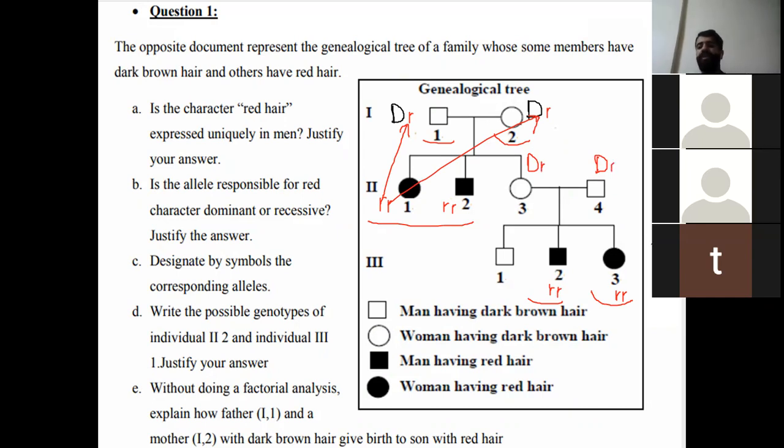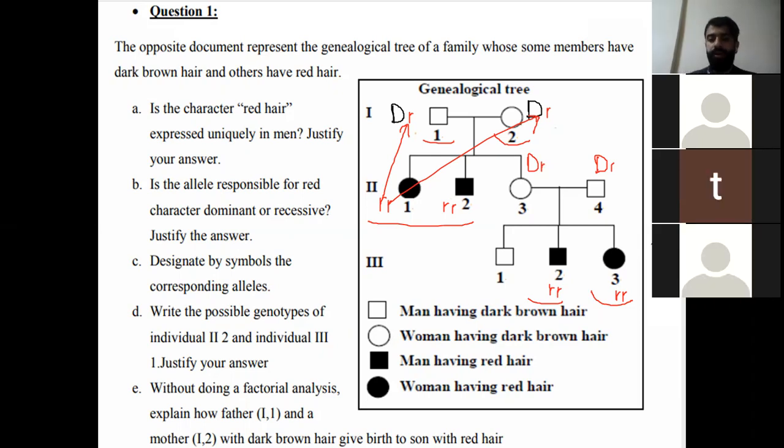Moving to Nada. What do you think about 3-1? What is the genotype of the individual? 3-1 can be DD or DR. Exactly. It can be DD or it can be DR. Why? Because dark is dominant and can be expressed in both homozygous and heterozygous states.